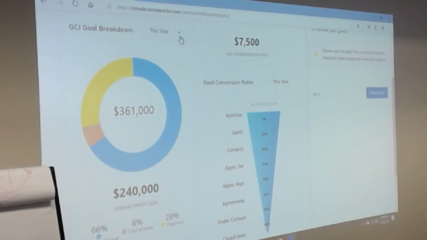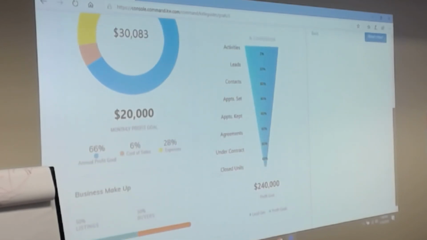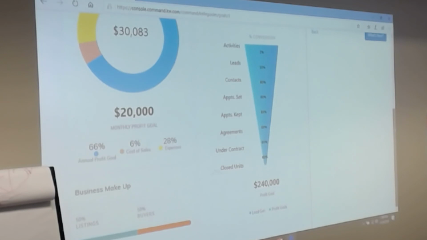So let me see what this is. This is a year. So this month. Then you can see what you have to do for the month to net that $20,000 for that month. And then what it'll do is if I don't make that much money in January, it's probably going to tell me I need to ramp up my activities for the balance of the year.